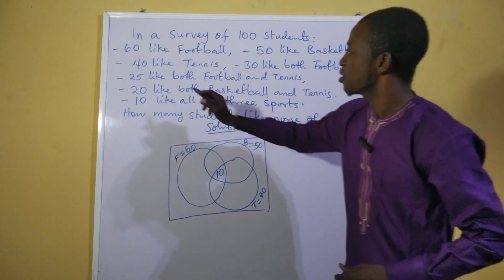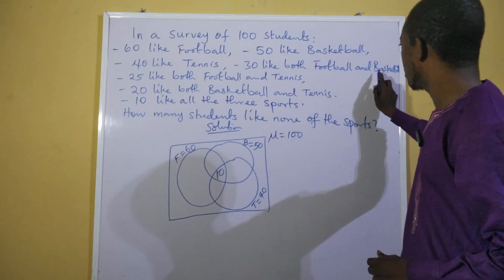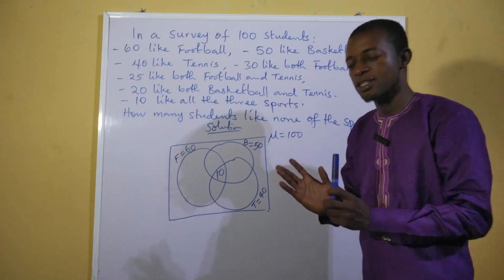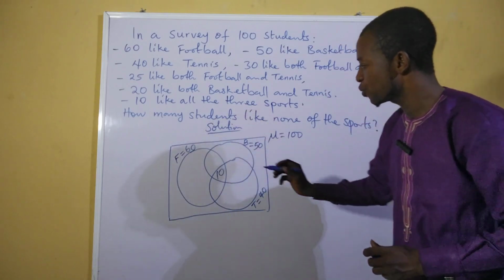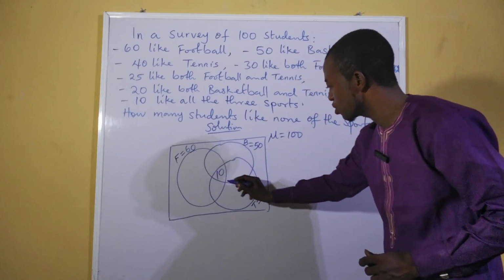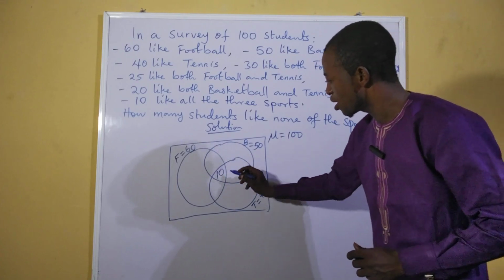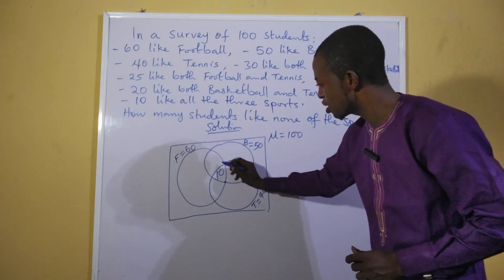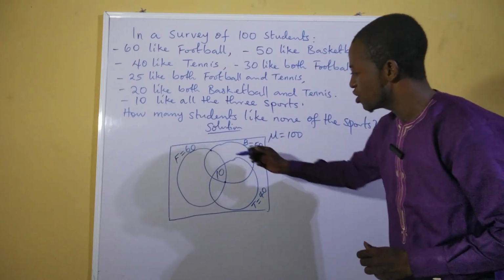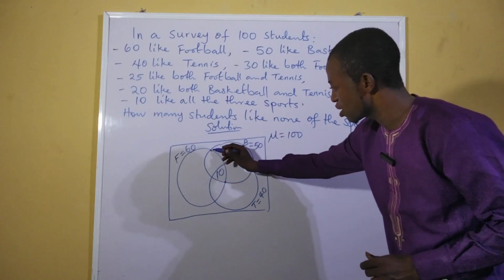Then from here we have 30 who like both football and basketball. When you look at these circles, this is the circle for football, and this is the circle for basketball. Football and basketball intersect from here to here. That is, these two circles cut each other at this point and this point.